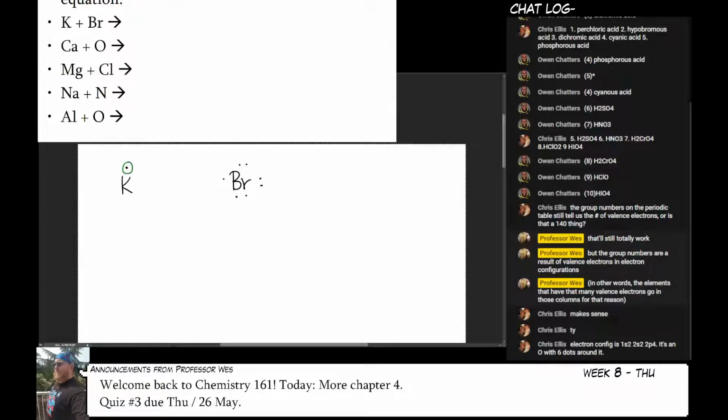In order to fulfill my octet, I would have to move 1 electron over here like so, and that would mean I have K plus and Br minus. And that'd look like that. And then the ionic compound I would form would be KBr.